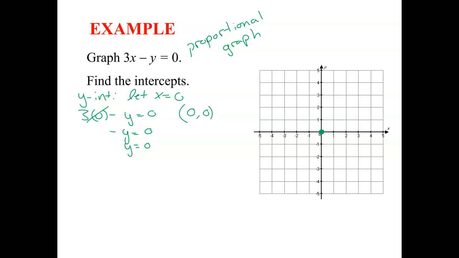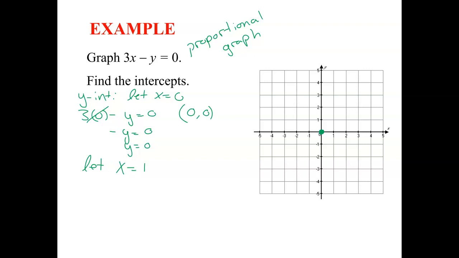I can't graph a line with only one point. So what can I do to get a second point? Set another number. Let x equal 1, and that'll give us another point, since I can't use only my intercepts because I only have one intercept.